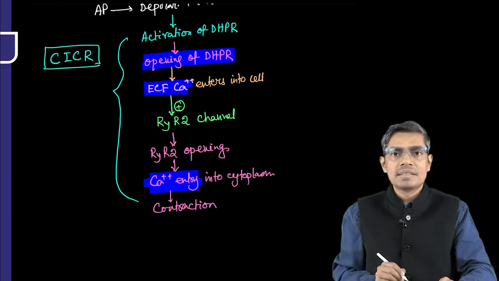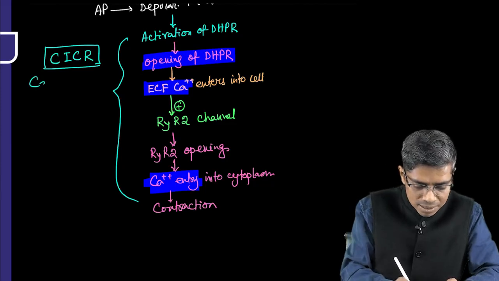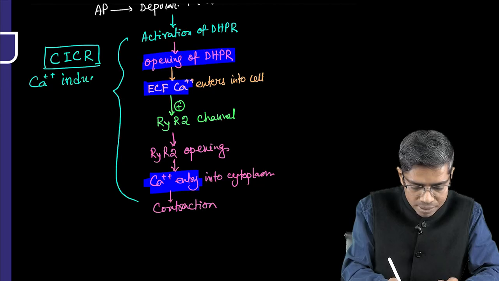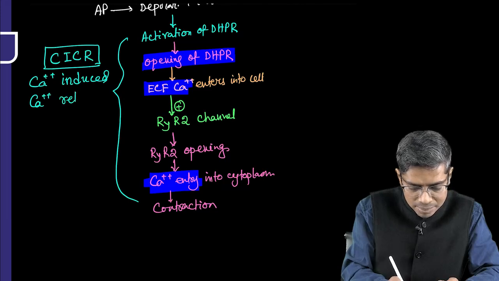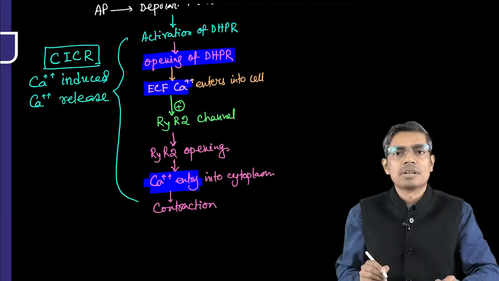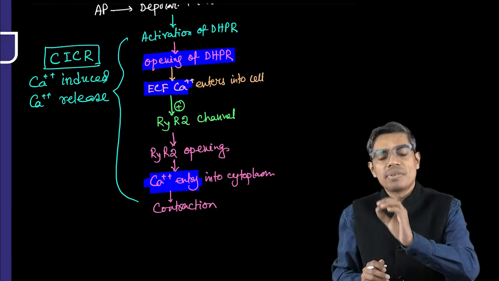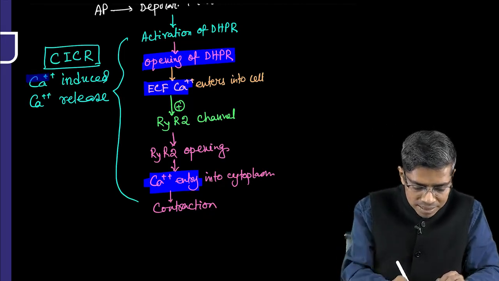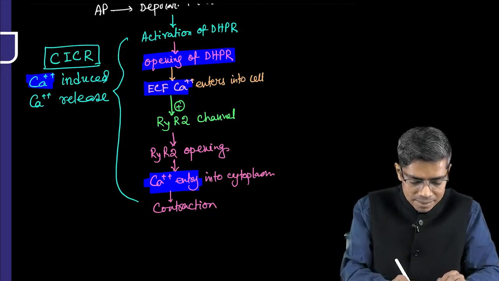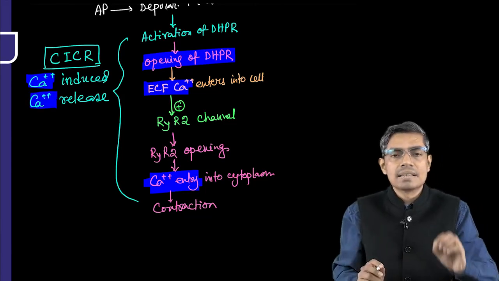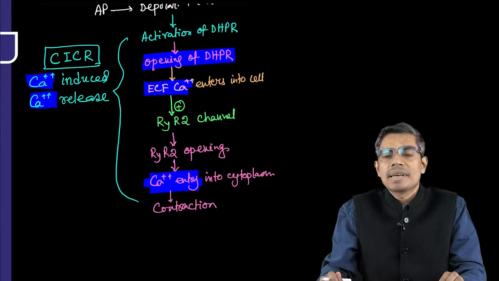Very, very important. CICR. What is this? Calcium induced calcium release. One calcium is inducing release of further calcium. The first calcium is the ECF calcium, and the second calcium is the sarcoplasmic reticulum calcium.